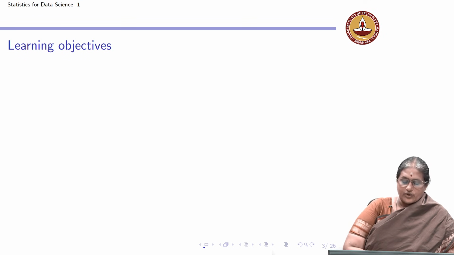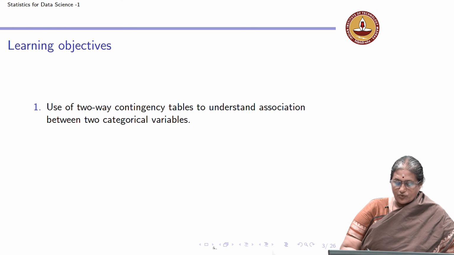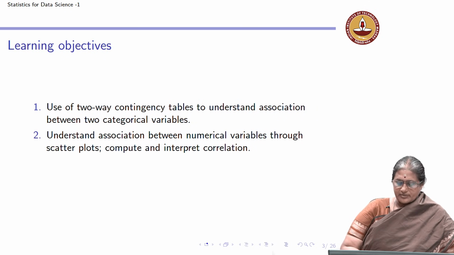So, in this module, the learning objectives are: first, we start by understanding association between two categorical variables. Here we will introduce the notion of contingency tables and how we use them to understand the association between two categorical variables. Then we move forward to understand how two numerical variables are associated with each other. Here we talk about scatter plots, the nature of this plot and how we measure the association between two numerical variables.